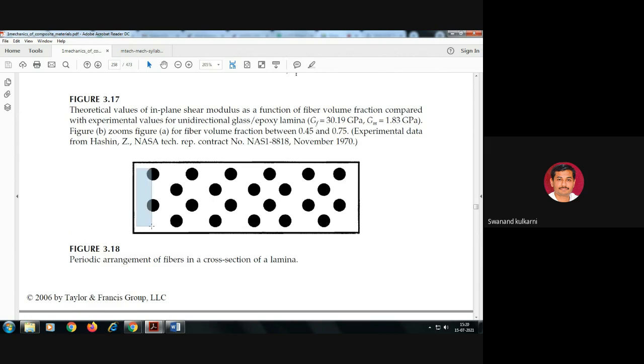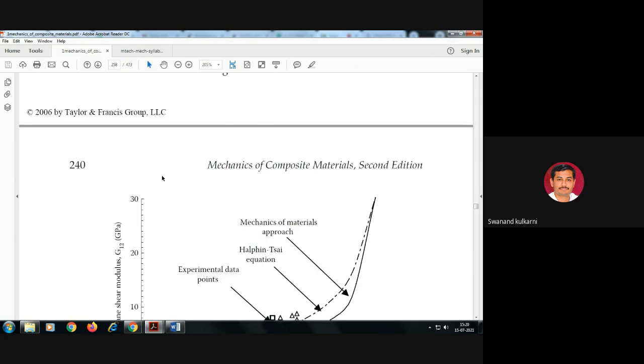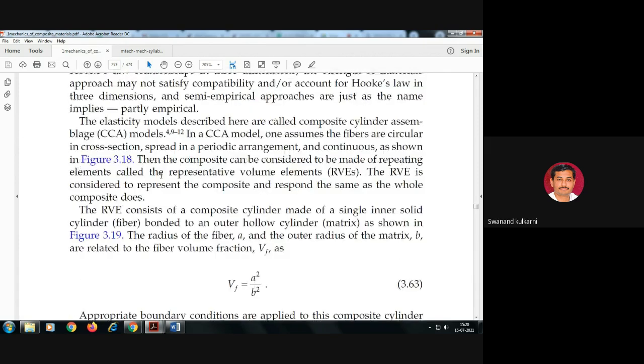For each and every type of mathematical model, there are certain assumptions. Here also it is assumed that whatever reinforcement is present inside this matrix material, or whatever fibers are present in that matrix material, all these are circular in cross section and spread in periodic arrangement. Whatever the arrangement is, the same is repeated after certain periodic intervals.